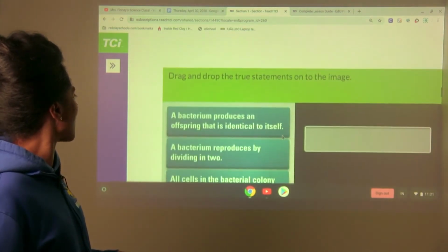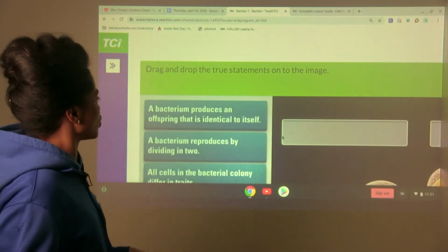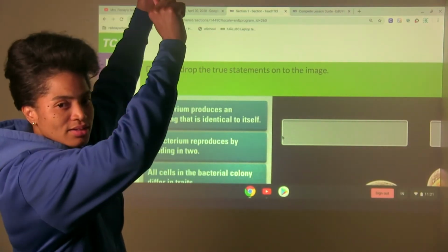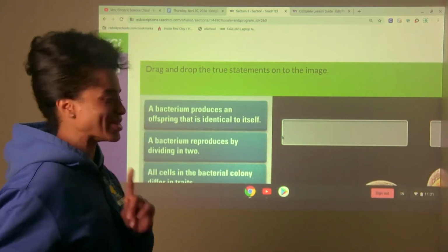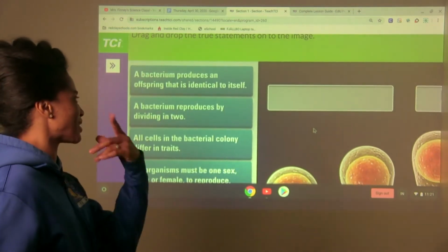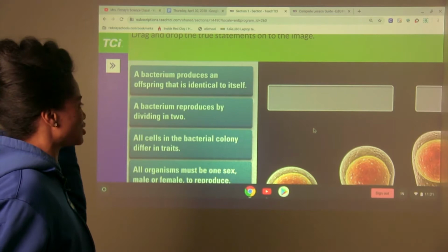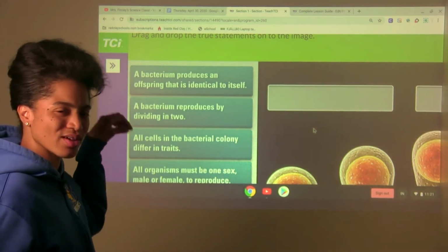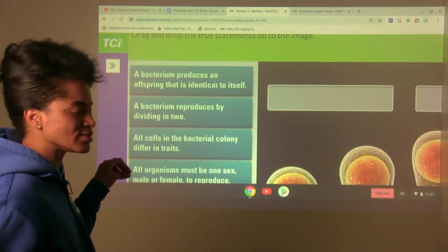Let's check for our understanding. Drag and drop the true statements onto the image. Here we go. A bacterium produces an offspring that is identical to itself. True? Would you like to drag that?